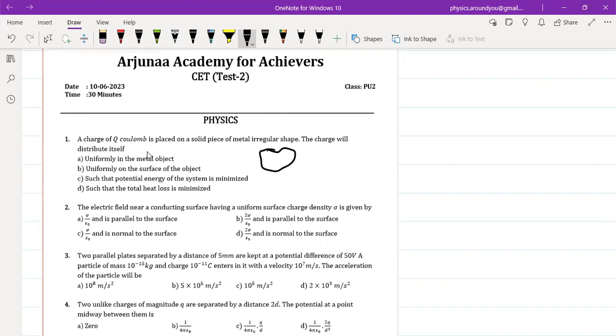The concept underlying is this. Only when it is having a uniform shape like a sphere, the charge will distribute itself uniformly on its surface. You won't notice any charge getting excessively clumped up or very, very far from each other at places.